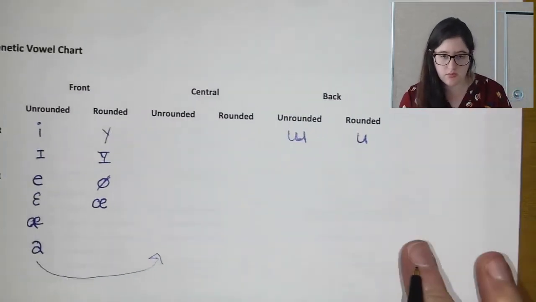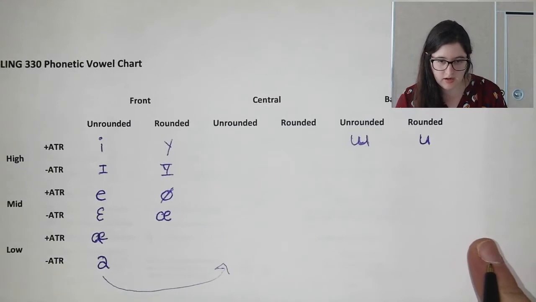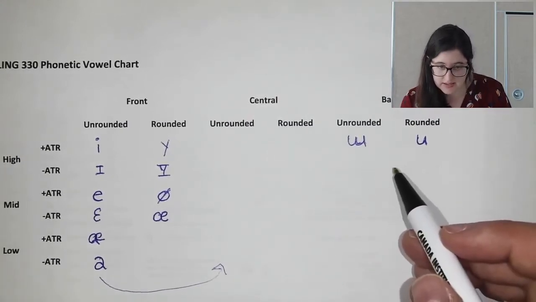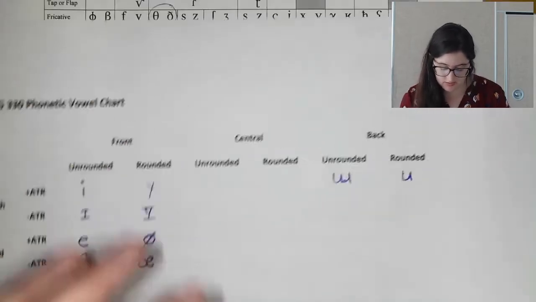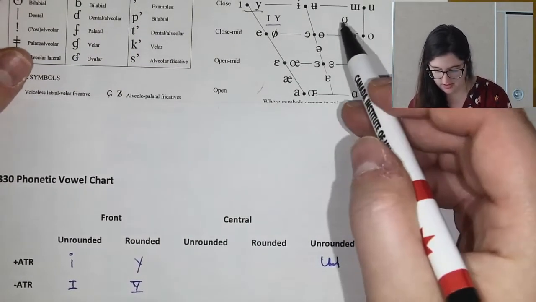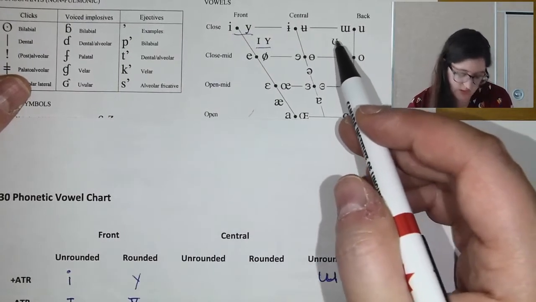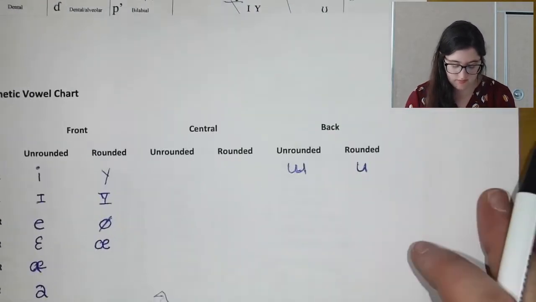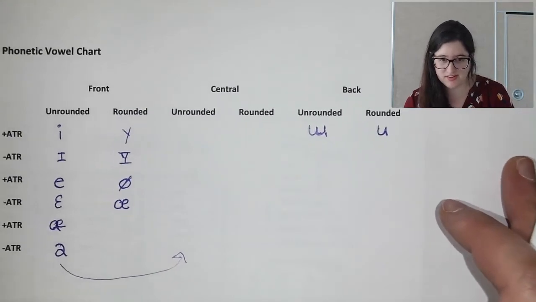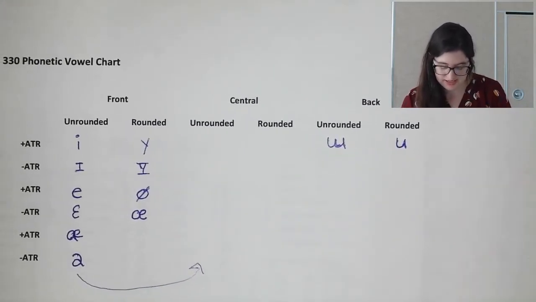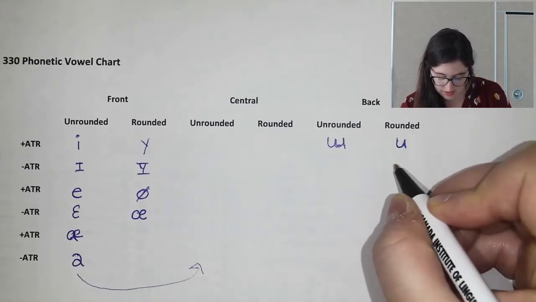Then moving down again, we have the minus ATR in this system, or we have the near close, near back vowel, and this one also, Catherine reference, this is the vowel. It looks like an upside down horseshoe.